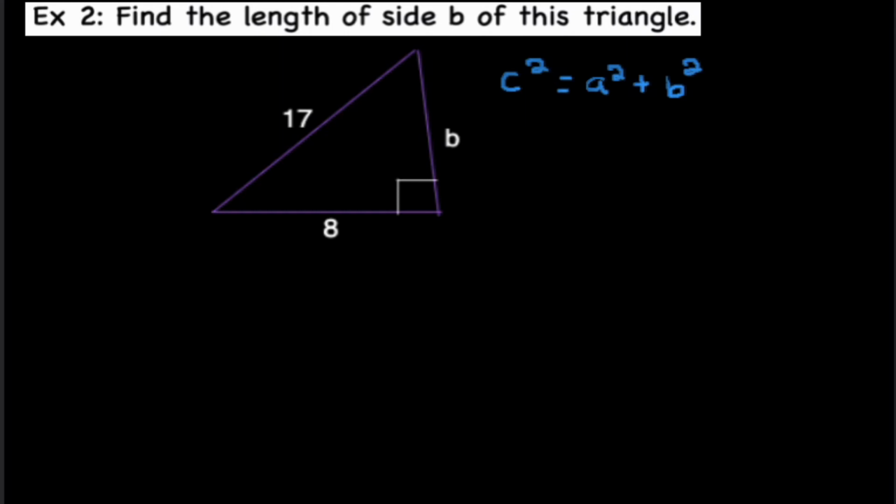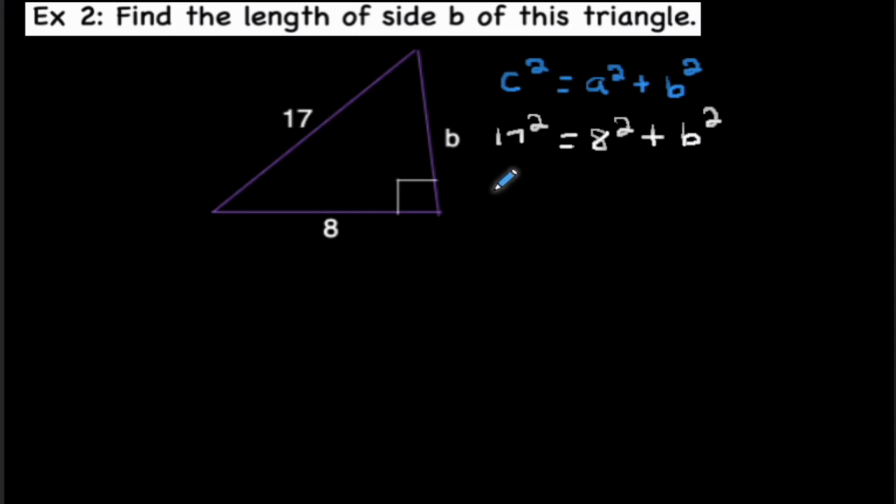Let's substitute our values. So we have 17 squared equals a squared, which is 8 squared, and bring down your b squared, because remember, we're trying to find out what b is equal to. Okay, so let's calculate even further.